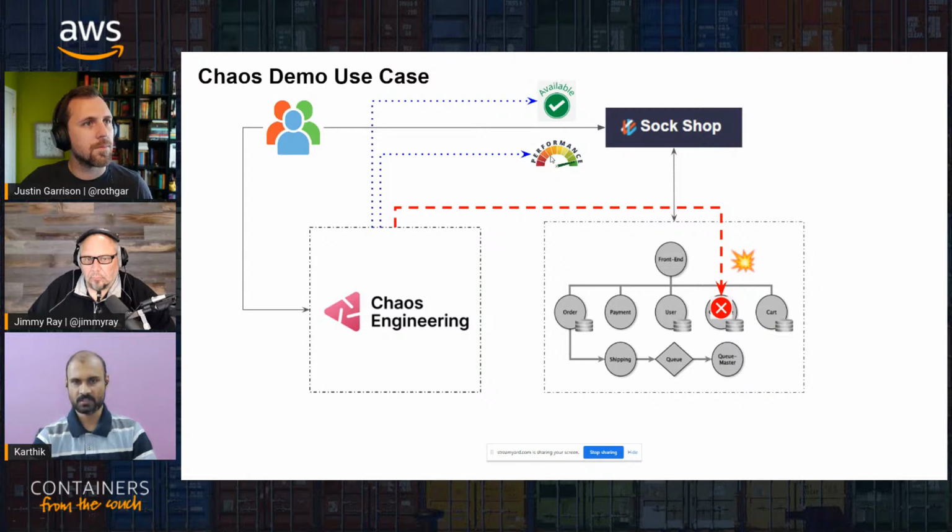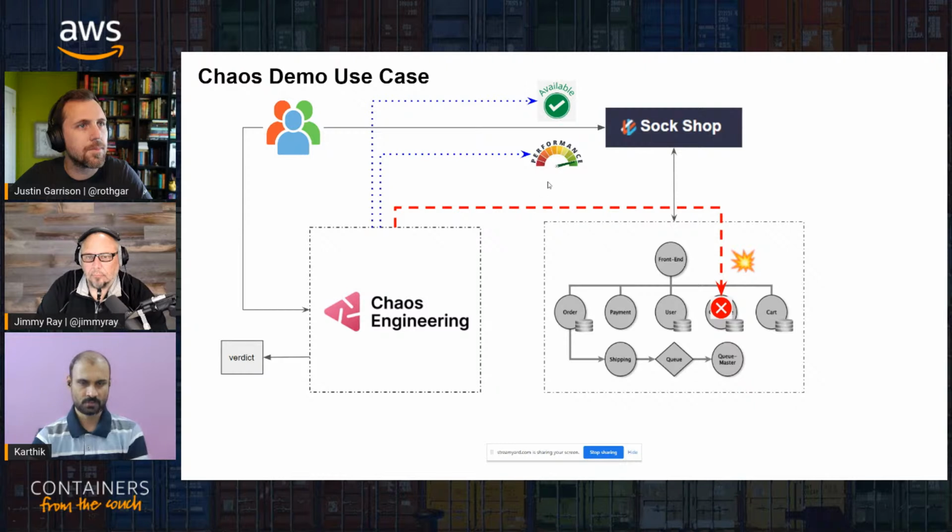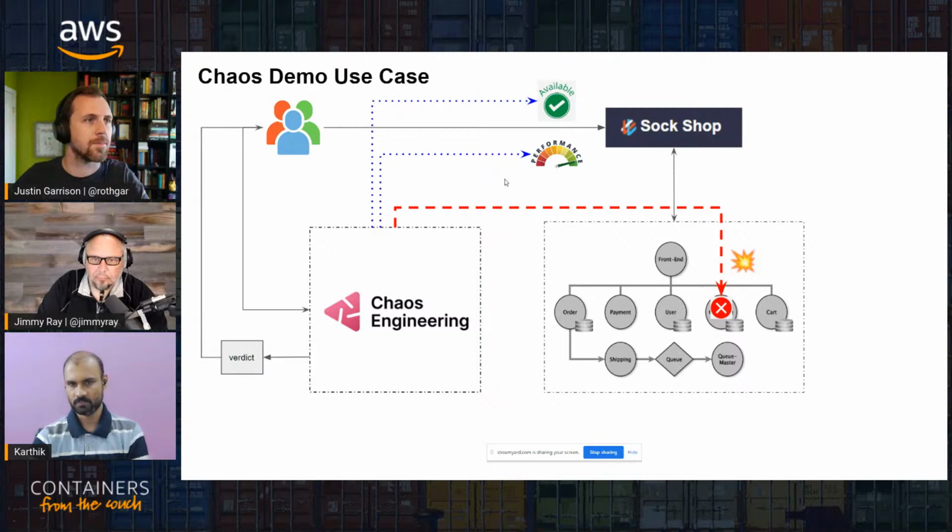These constraints around availability and performance are going to be tested along with the fault injection as part of the overall experiment run. And we're going to get a verdict based on how this probing goes. For example, if my constraints around availability and performance were met, if that's my steady state hypothesis, then I have a pass verdict for the experiment. In case they were not, then we will get a failure.